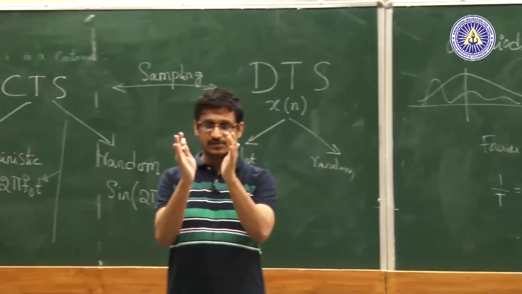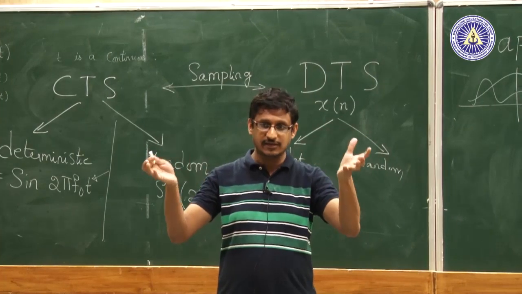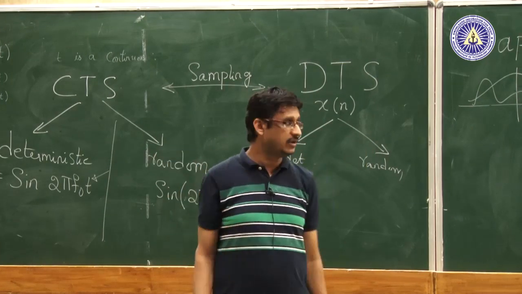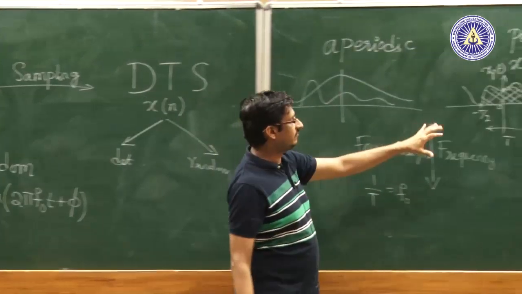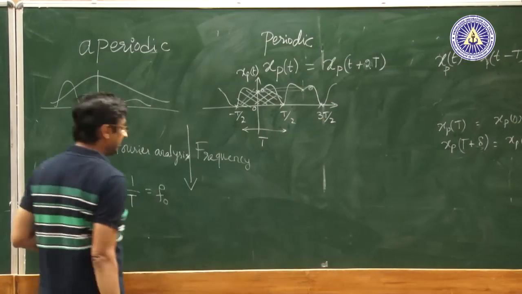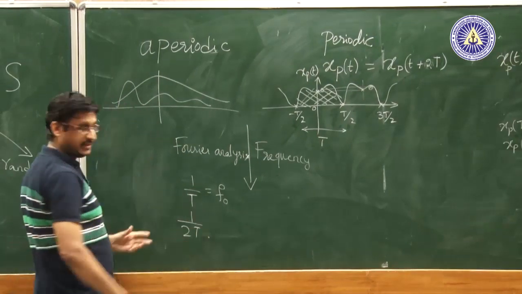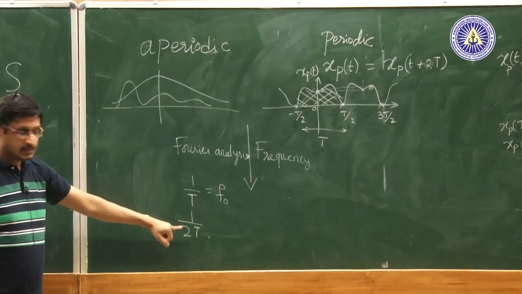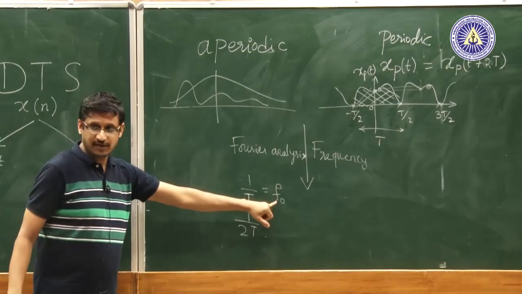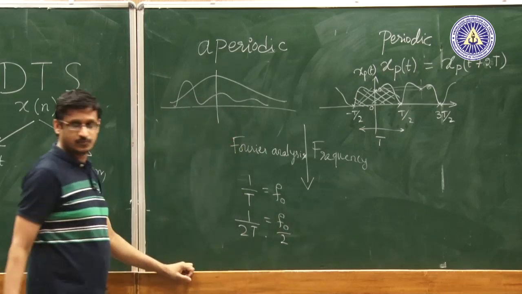So, whether you think of this as the fundamental period T or 2T, when it is not really fundamental, it is just an extension of that one, you can still have that kind of periodicity defined for this signal, and that would be written in terms of another frequency, 1 by 2T. But we already know that 1 by T is f naught. So, what I get is f naught by 2, right.